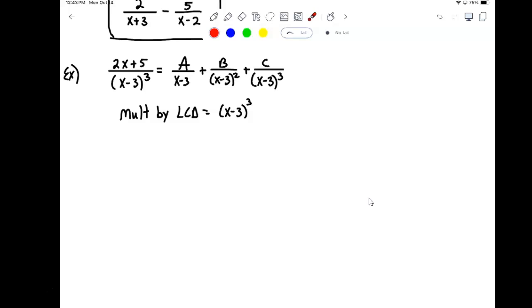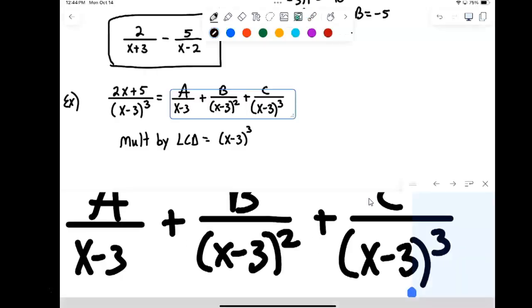You'd have a lot more work involved. Whereas the integral of A over (x − 3), or B over (x − 3) squared, or C over (x − 3) cubed, all of those work out very easily with substitution. So again, that's the idea of why we're doing this process.